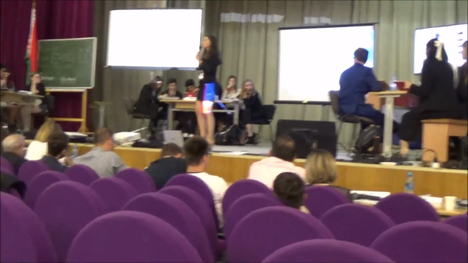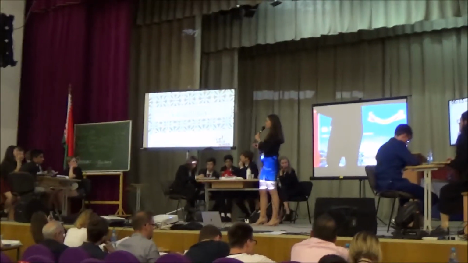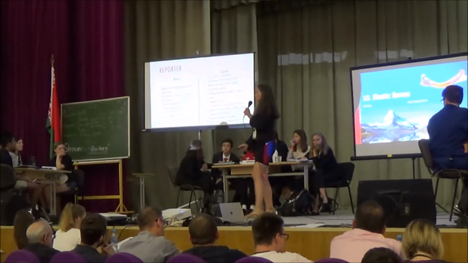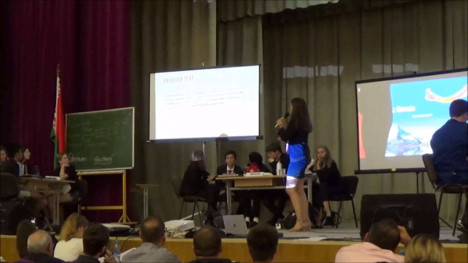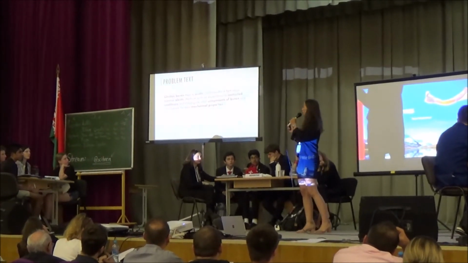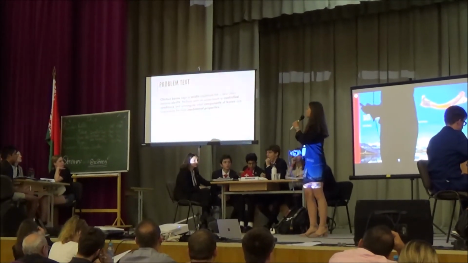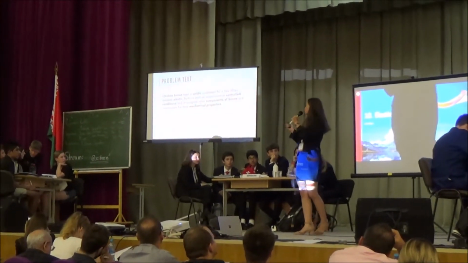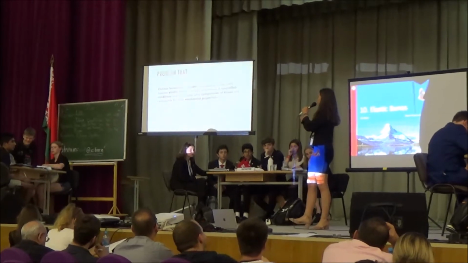Today I'll be giving a review on problem 10, elastic bones. The problem text was: chicken bones kept in acidic conditions for a few days become elastic. Perform such an experiment in controlled conditions and investigate what components of bones are responsible for their mechanical properties.